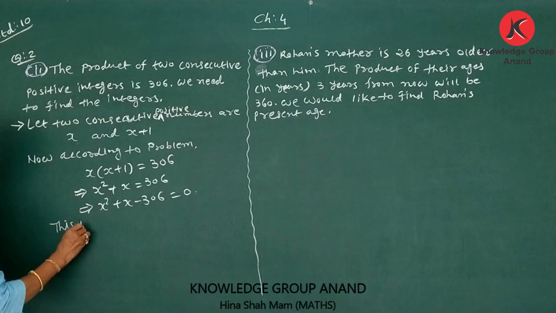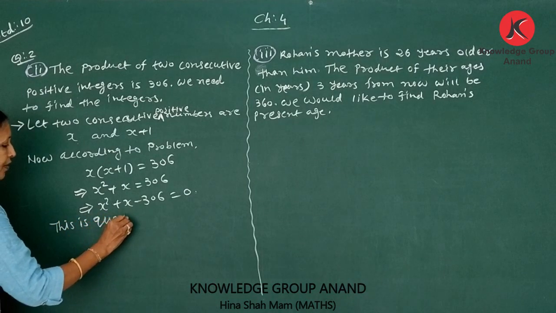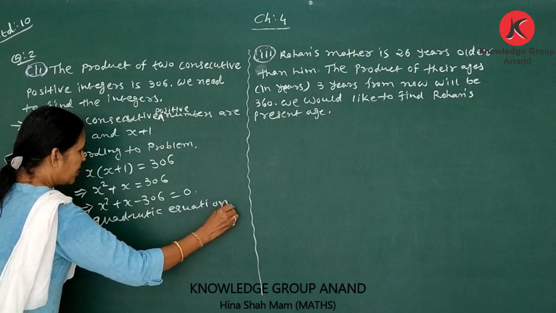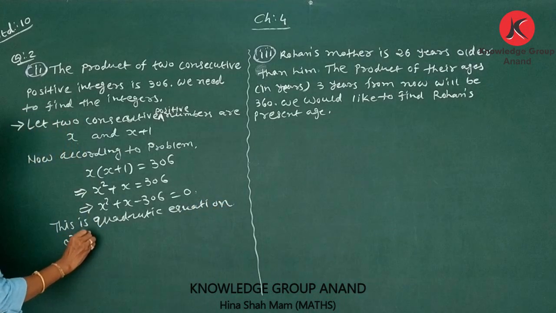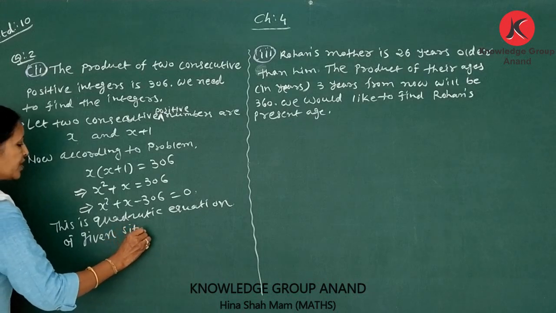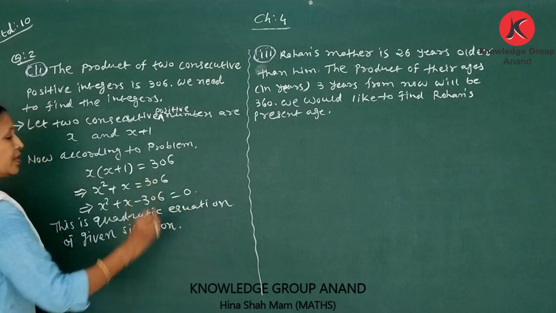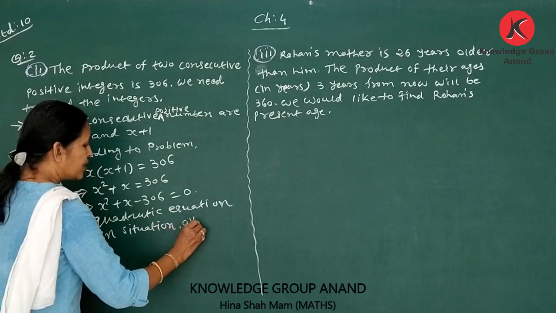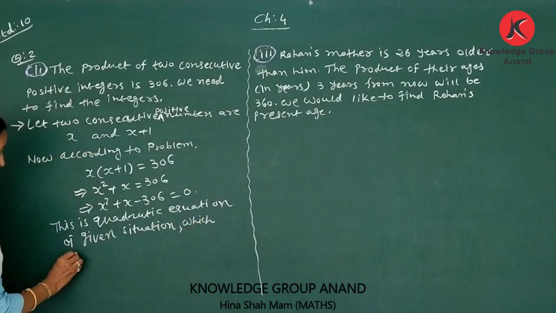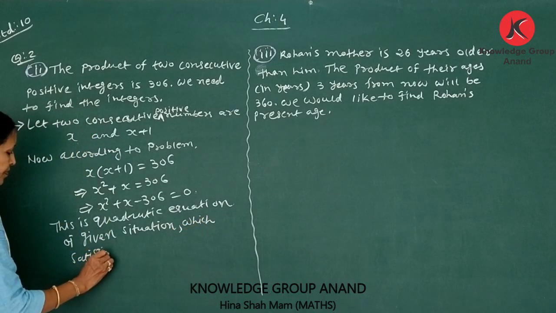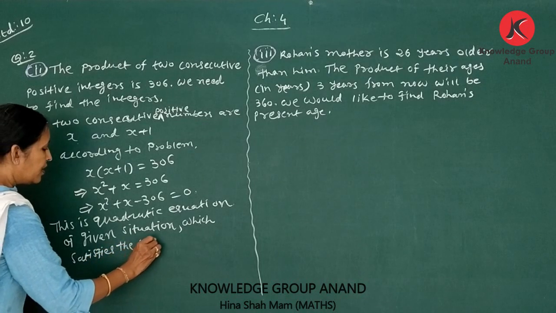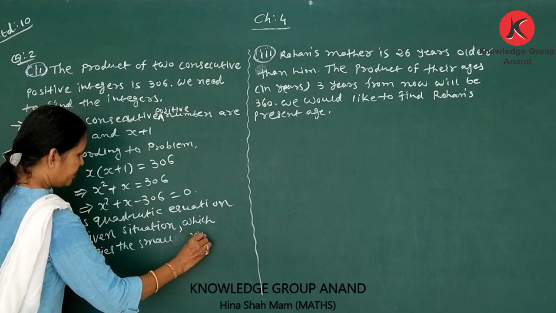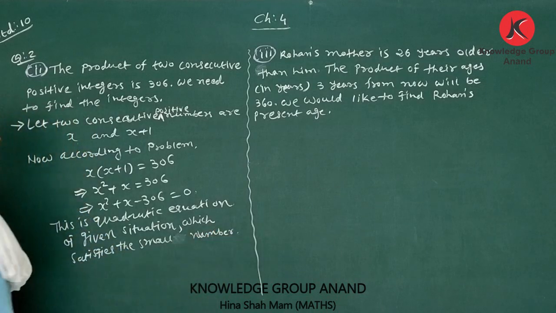This is the quadratic equation of the given situation which satisfies the smaller number, the small consecutive number.